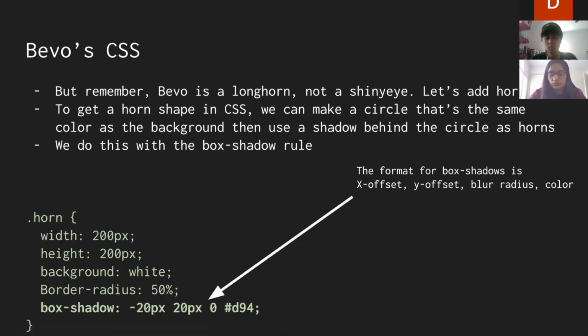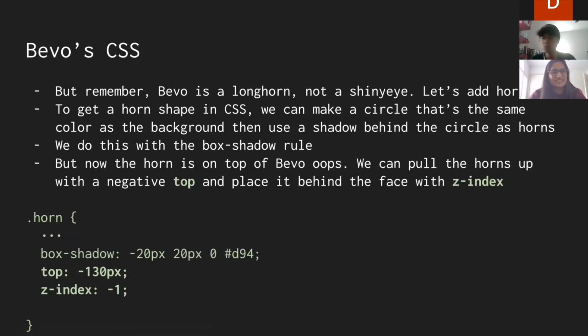If you do that, it should make a really ugly circle on top of Bevo, right? Yeah. So we need to move it up so we can give it negative top. So it's going to actually be positioned above the face, and then z-index -1 is going to push it behind the face. So what does the z-index do?